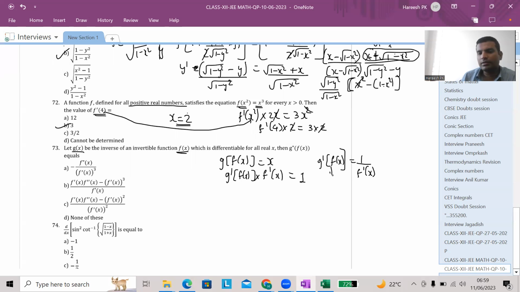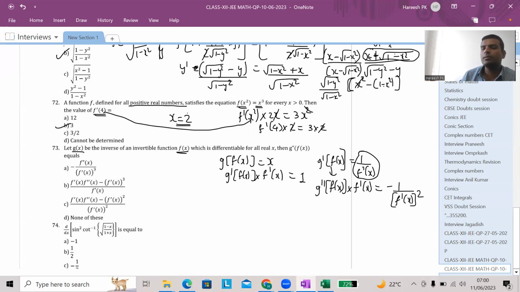Now when I differentiate this again, I'll get g double dash f of x into f dash x is equal to, by the chain rule, minus 1 by f dash x whole square.